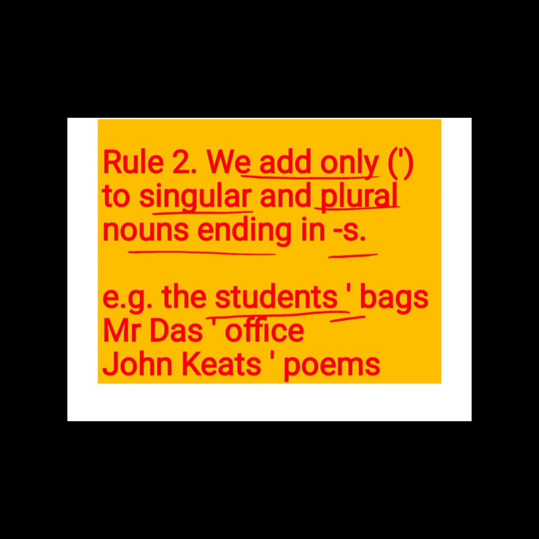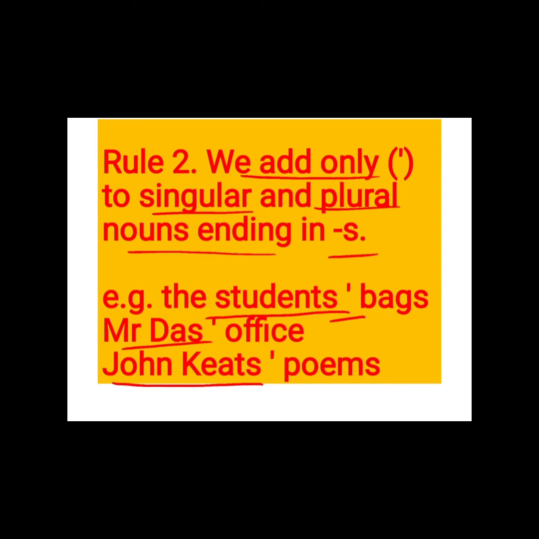In this example, you can see that the noun is plural. Mr. Das. It is ending with s and it is a singular noun. Third example, John Keats. It is a singular noun but it is ending with s. What does it mean? It means we add only an apostrophe sign to singular and plural nouns ending in s.